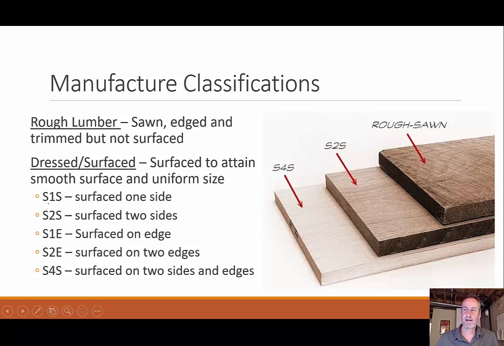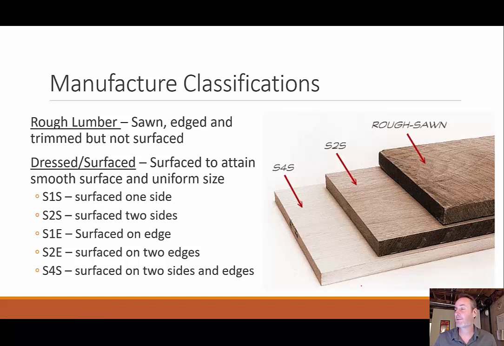We could have an S1S. What that means is it's surfaced on one side. So we have some pictures over here. Rough sawn is straight out of the tree, just cut to size. S1S means just the top would be surfaced, versus an S2S means both the top and the bottom would be surfaced. S1E is the edge. One of these edges is surfaced. Just one edge. S2E, 2 edges are surfaced. And S4S, all 4 sides are surfaced, dressed and surfaced.